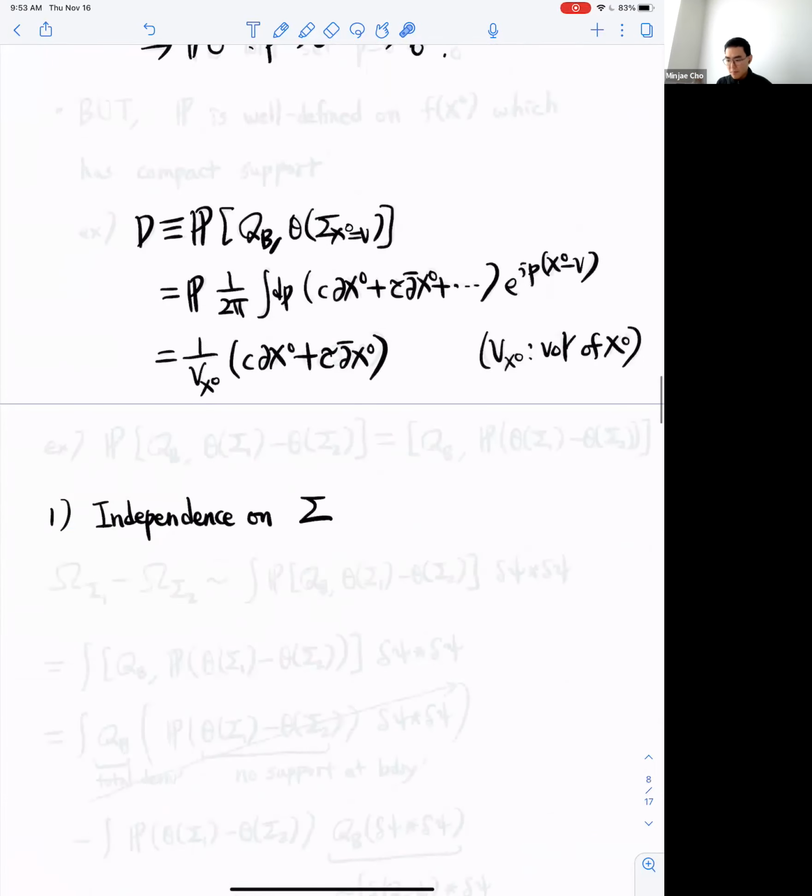Okay, let me proceed. By the way, I also have to mention that if you consider the difference of the step function for different choices of Cauchy slice, for example, if we chose a different constant time slicing, then this thing actually has a compact support in the time domain. And there is a theorem in Fourier analysis saying that if you have a Fourier transform of a function with compact support, then the Fourier coefficients are all non-singular.